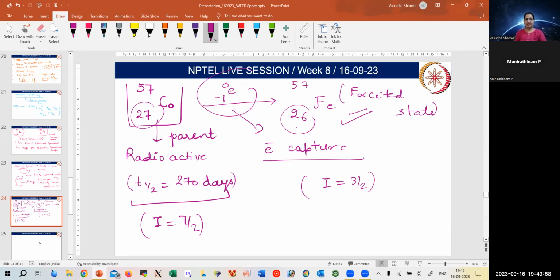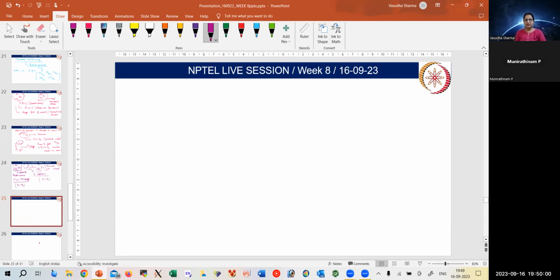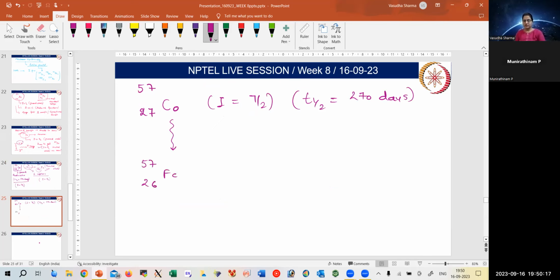So what really happens? Cobalt 57, with I equals 7/2, has a T half of 270 days. It is radioactive and converts to 57 iron 26, which has I equals 5/2, and that is also an excited level.